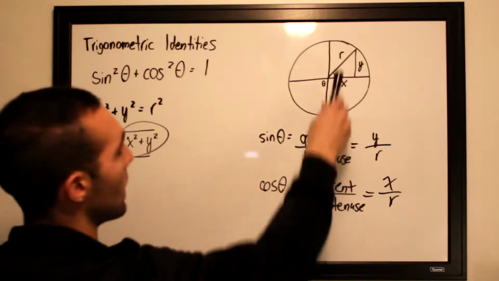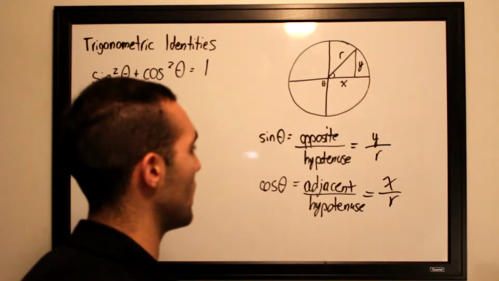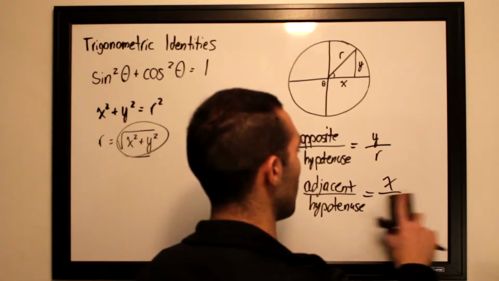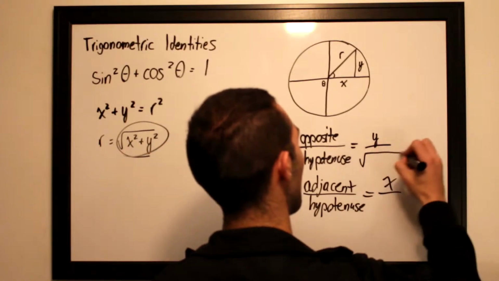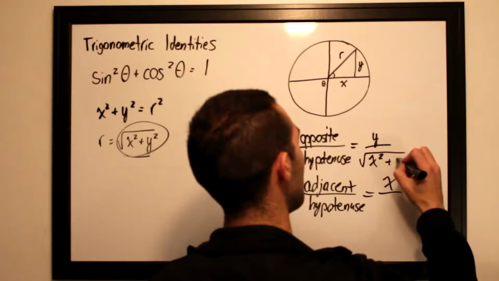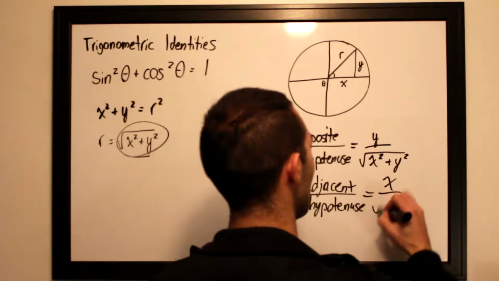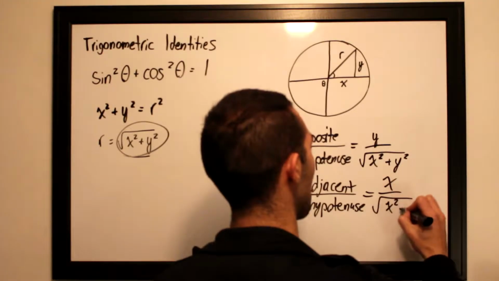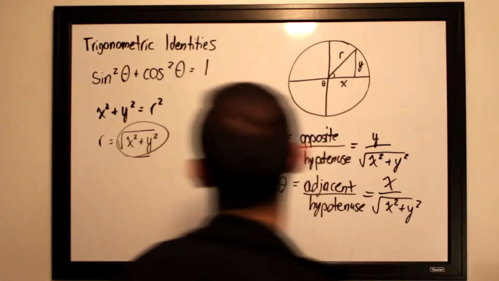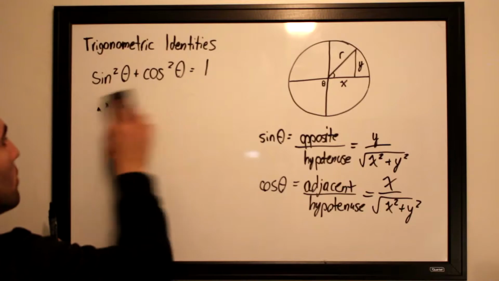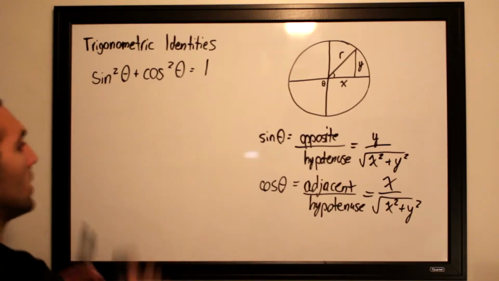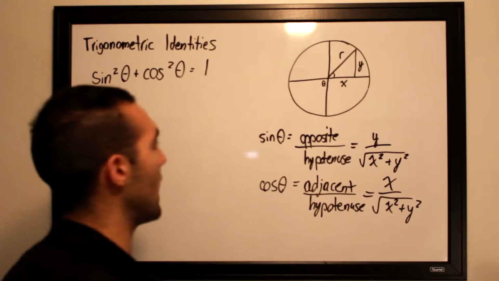So we can go ahead and make that substitution for this portion over here and for this over here. So this r can be substituted for the square root of x squared plus y squared, and once again here, the square root of x squared plus y squared. Now if we squared both of these and added them up, you would notice very quickly that we would get 1.